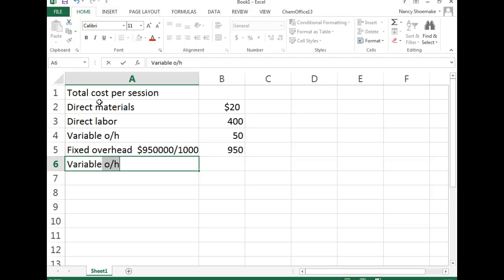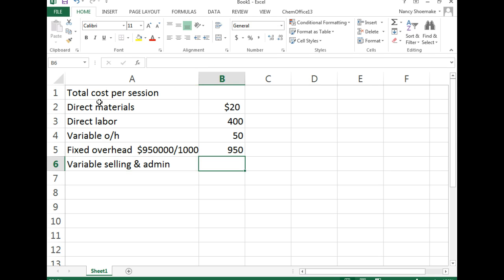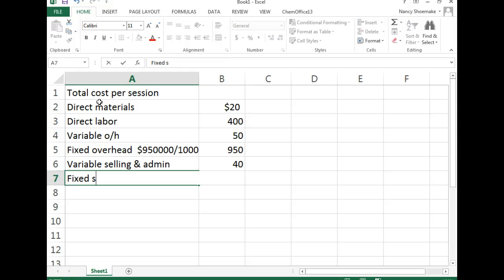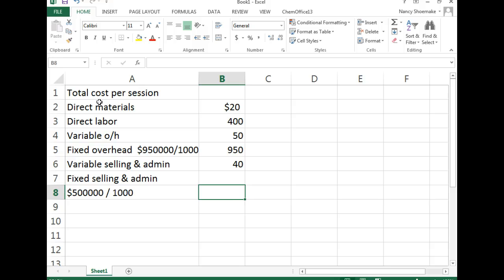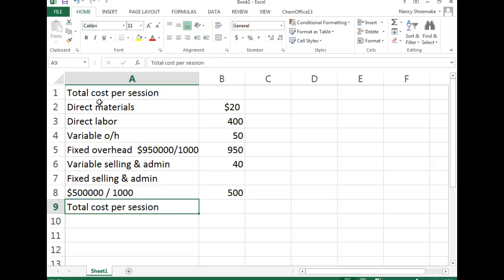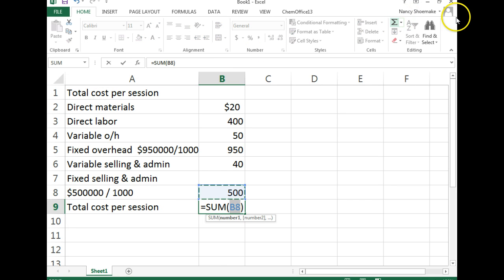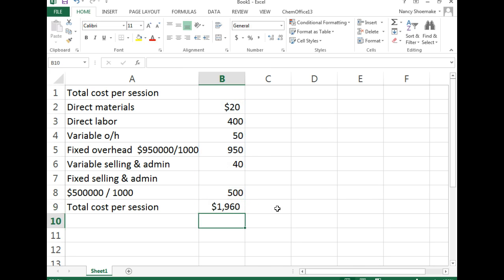Our variable selling and admin is what? And then our fixed selling and admin is going to be the 500,000 divided by 1,000, which is what? So our total cost per session is $1,960, right? Yes, no.